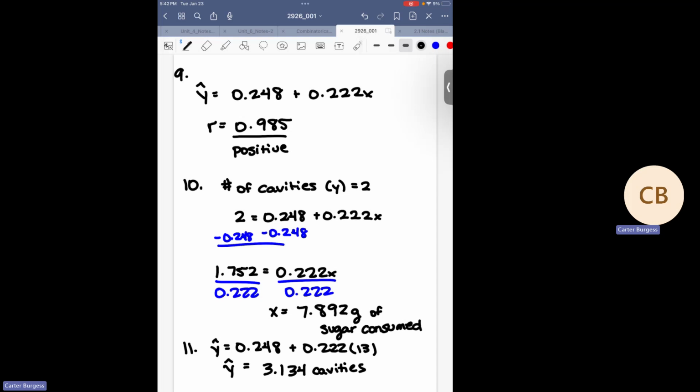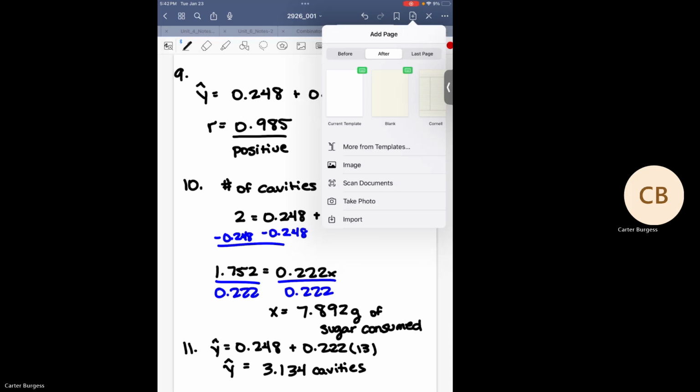Number 12, 13, 14, those are all exactly the same. So let's then take a look at number 15. In this case, we are given a set of data. We are trying to figure out, based on this data, do we have something that is statistically significant?